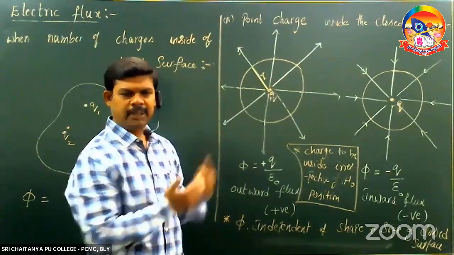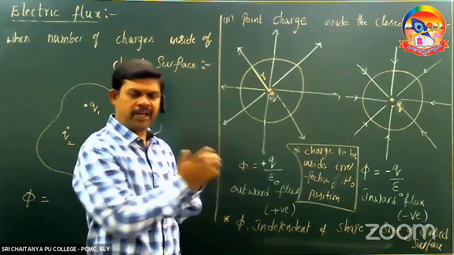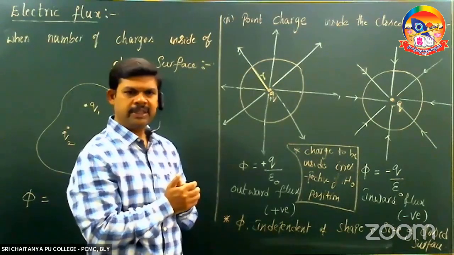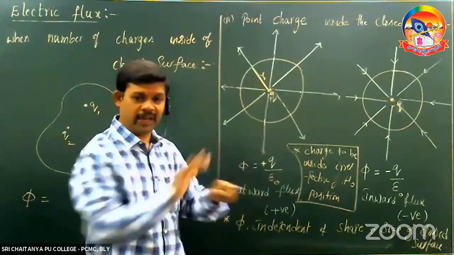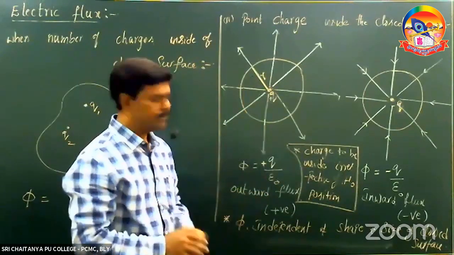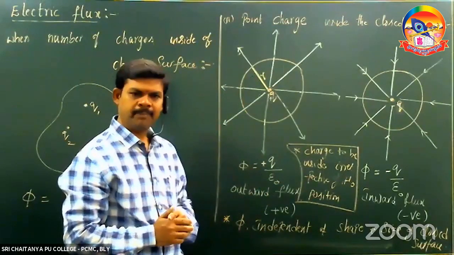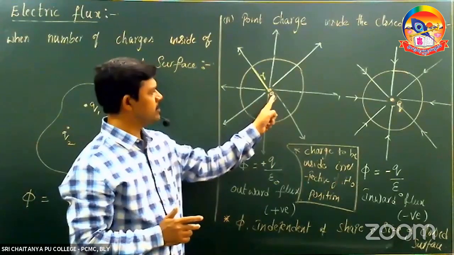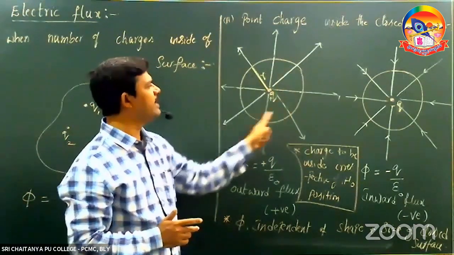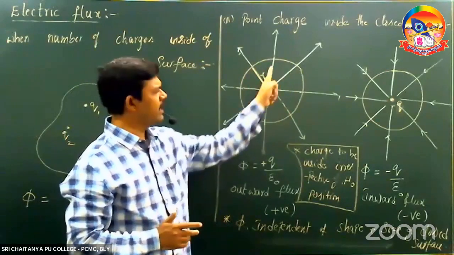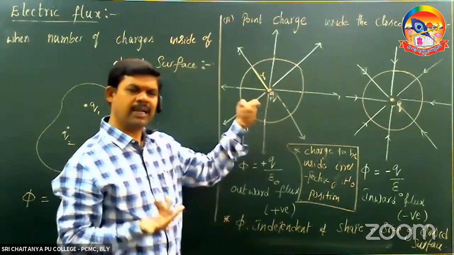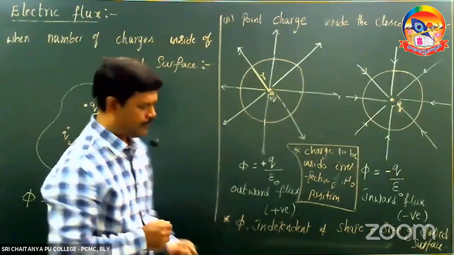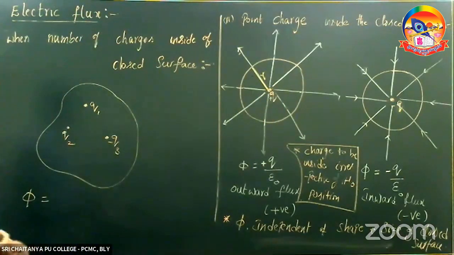It may be a sphere, it may be a cube, it may be a cylindrical closed surface, it may be of any irregular shape. The formula comes the same. The thing is, the charge must be inside, anywhere, not only at the center. I hope you understand these 2 points.